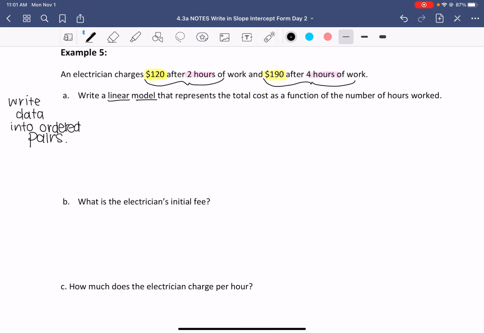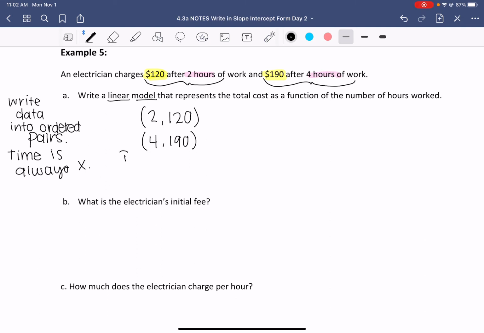And remember that time is always x. So our first ordered pair is 2 hours for $120, and our second ordered pair will be 4 hours for $190.